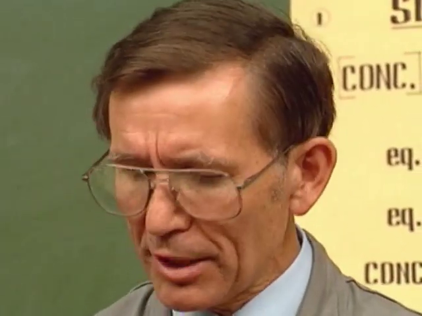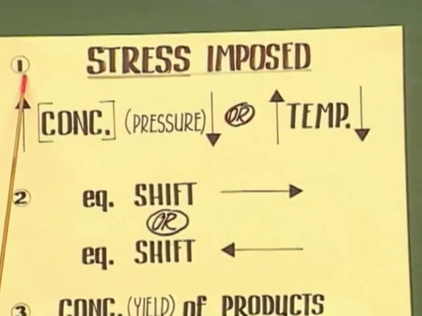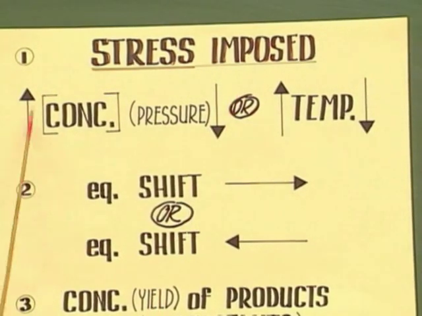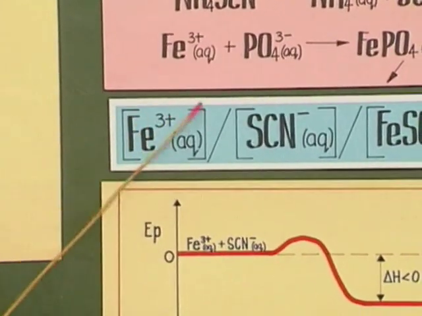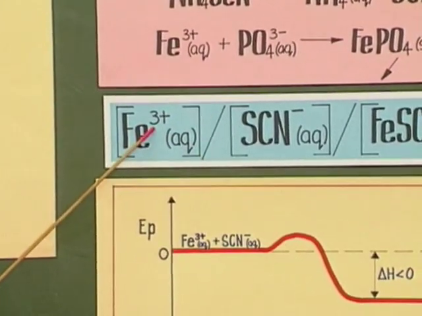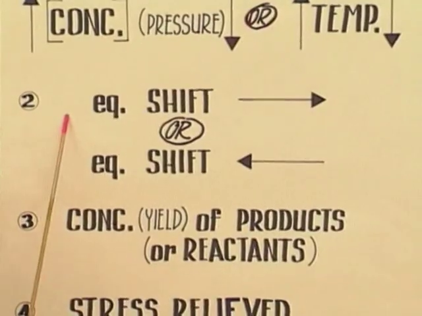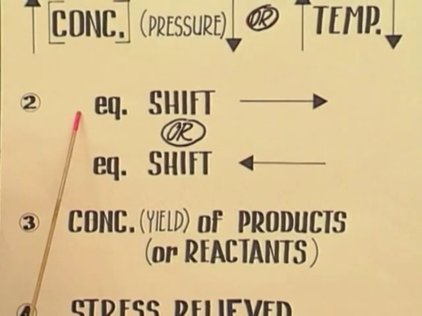Le Chatelier's principle explains our observation as follows. In the first place, we have to identify the stress imposed upon the system. In this case, our stress is an increased concentration in mole per decimeter cubed of the iron 3 ions. In the second place, we have to determine in which direction this increased iron 3 ion concentration will cause the equilibrium to shift.